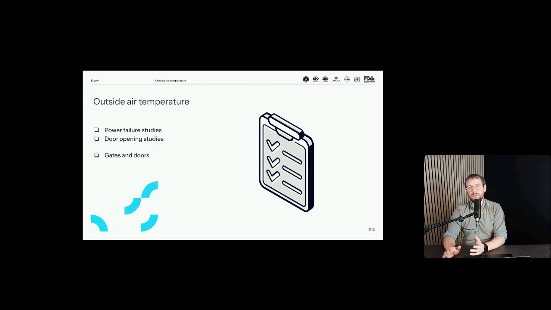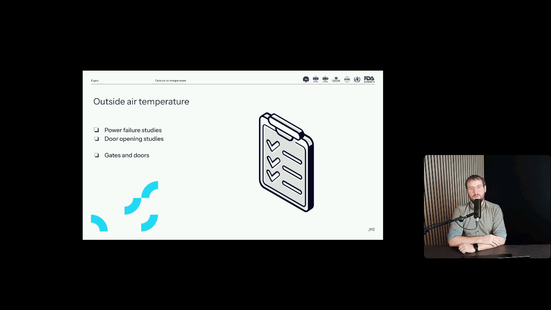So that is really something you should consider during a winter mapping. Power failure studies will often give issues for ambient storage. But on the other side, for cold storage, you might not have the same type of impact. So that is really something where your test scope or test methodology is changed according to seasonality.